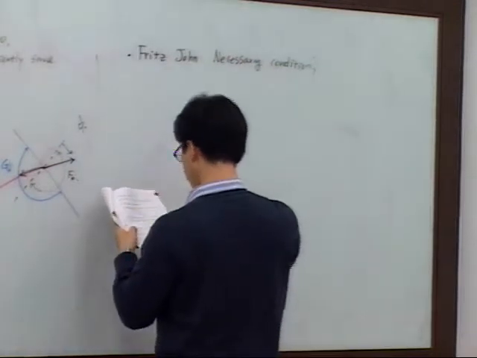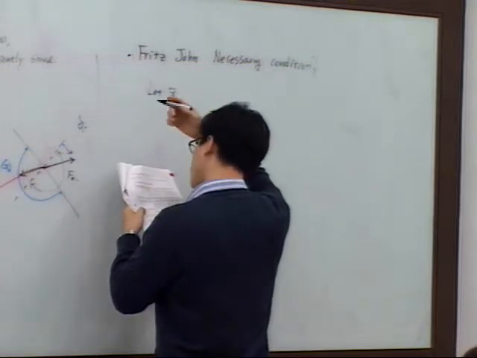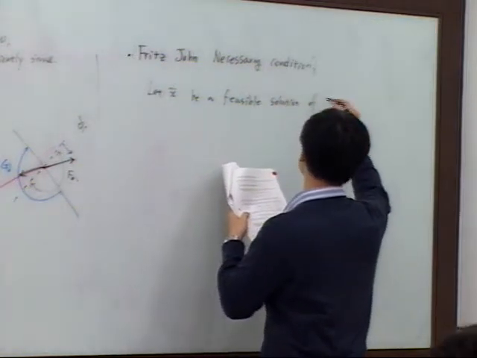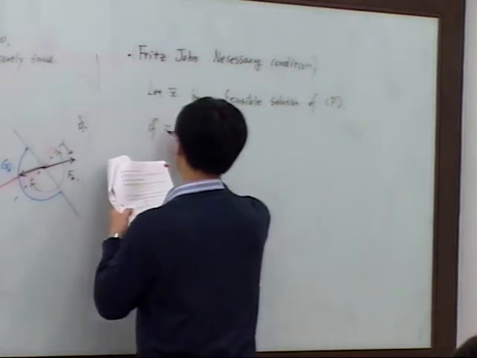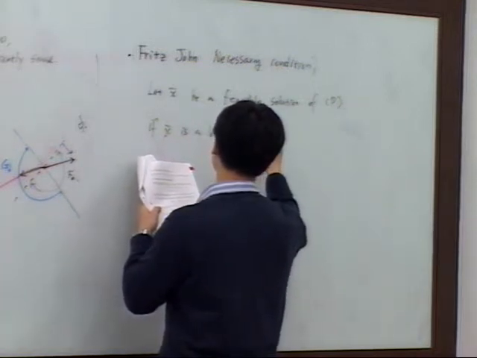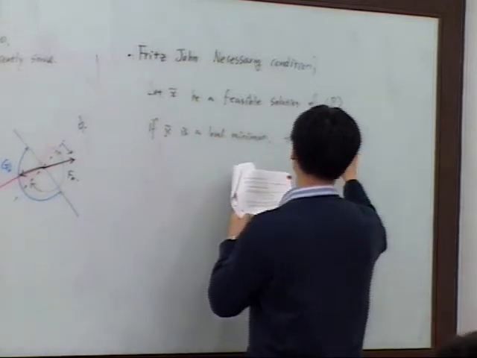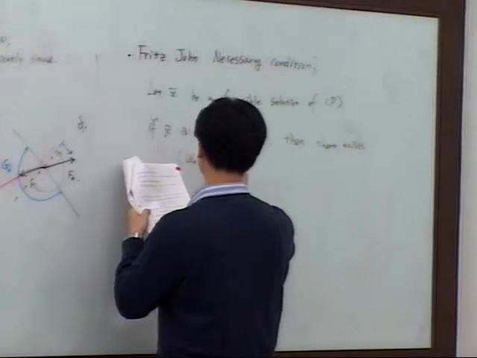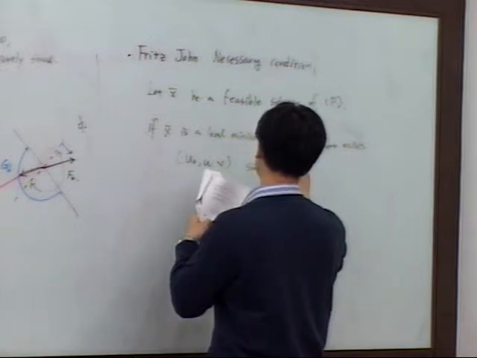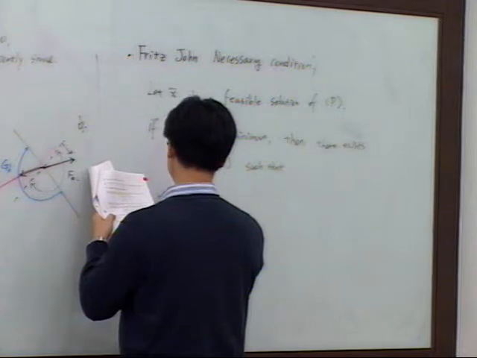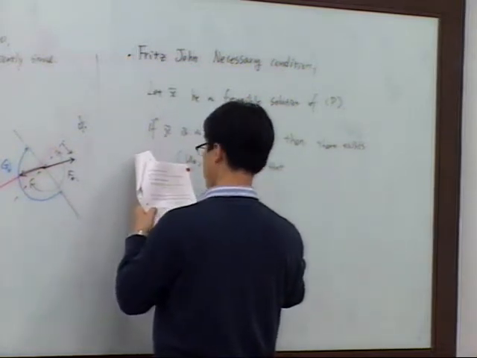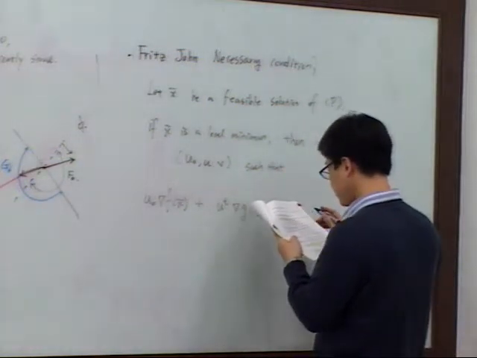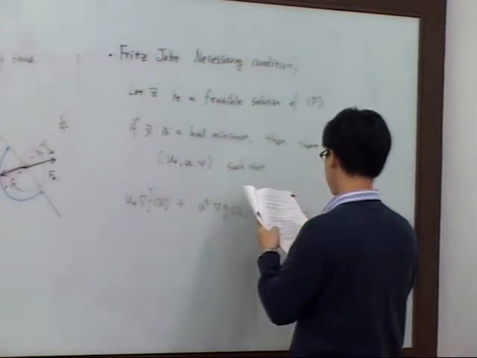Let x bar be a feasible solution of problem P. If x bar is a local minimum, then there exist u sub 0, u, v such that u sub 0 times gradient f(x bar) plus u transpose gradient g(x bar) plus v transpose gradient h(x bar) is equal to 0.